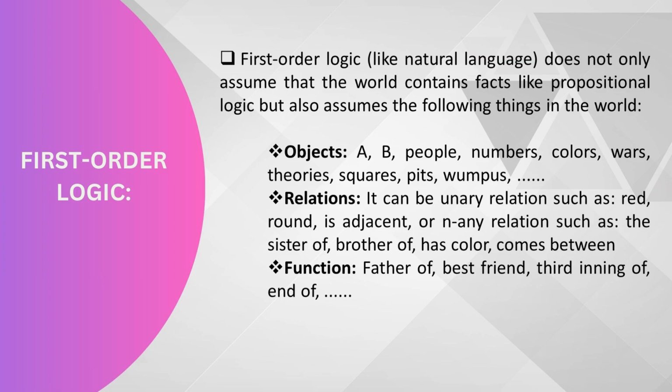By incorporating these elements, objects, relations and functions, first order logic mirrors the complexities of natural language more closely. It enables us to represent not only simple facts but also the intricate web of connections, attributes and interactions that define our understanding of the world.